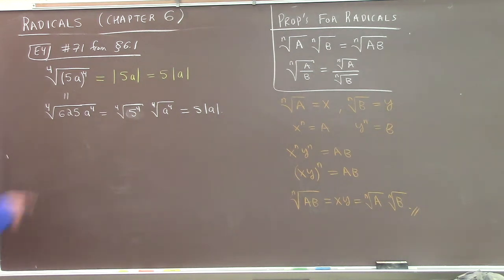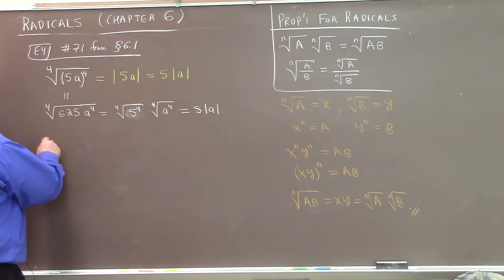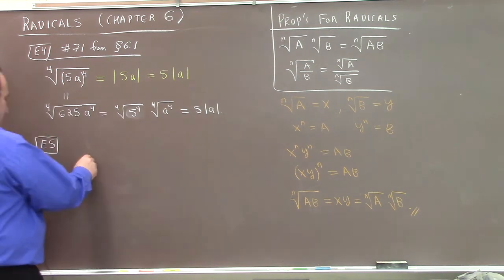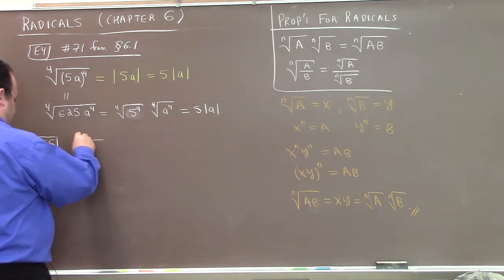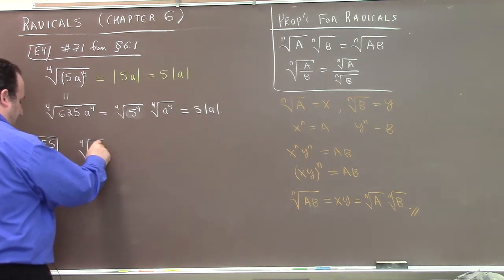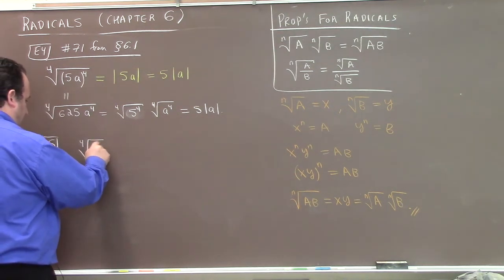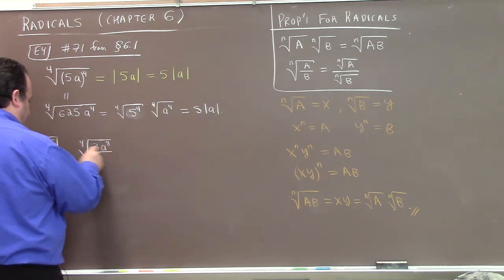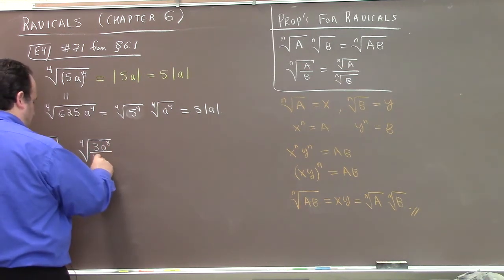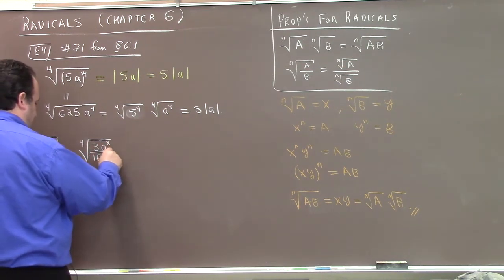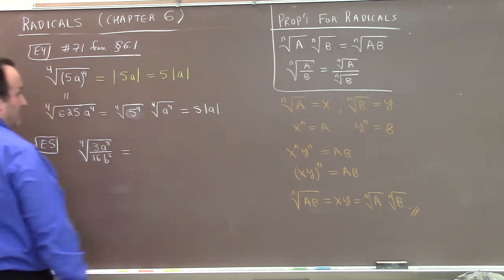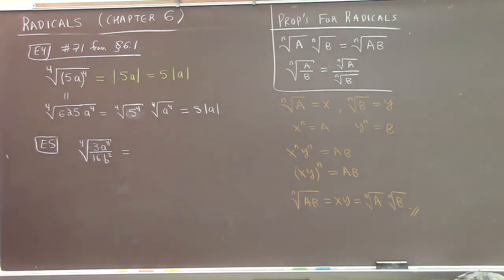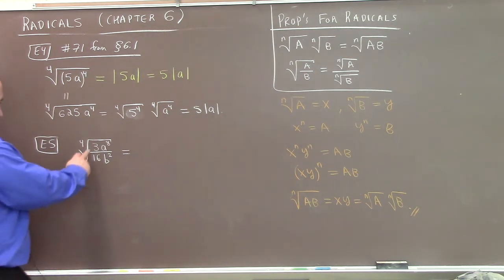Here, let me make up an example where I have an excuse to use my proposition. Example 5. Suppose I'm calculating the fourth root of 3a to the 8th over 16b squared. Let me make that 3 become like an 81. 81 would be more fun.